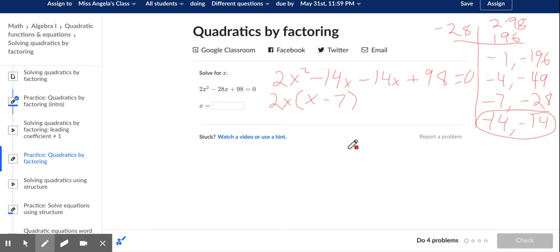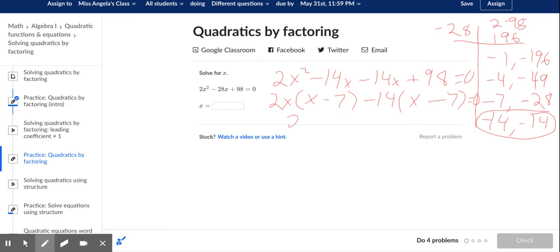So I'm going to factor out a negative 14, because this sign is always going to be the same as the sign here, because I want to start this with a positive number. So this is going to be x, because that's all that's left there. And then 98 divided by negative 14 is negative 7 equals 0. So this matches this, which is what I want.